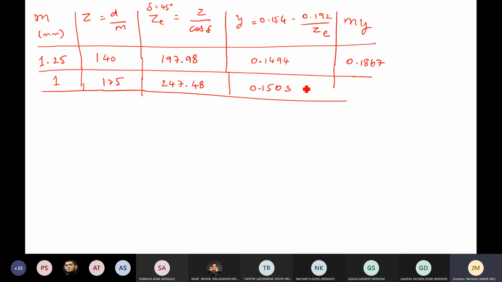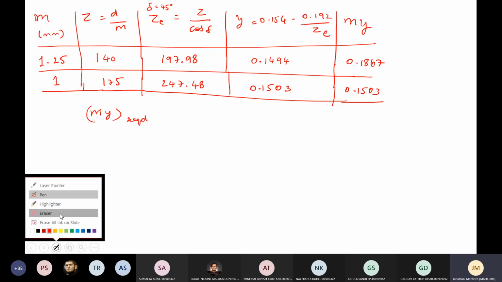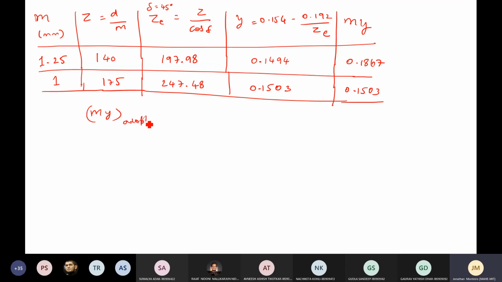So 0.1503 you will get. Anyway, we are not going to use this value, we are just mentioning that m into y adopted is greater than m into y required.